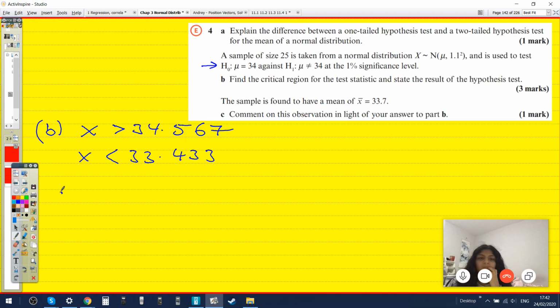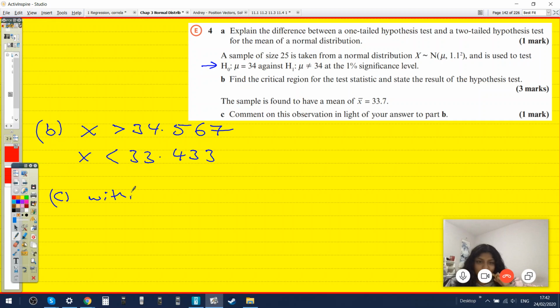I think it might be connected to part C, is that right? Yeah, because you can't do it if you don't know what the sample mean is. So part C: x is in the critical region, so you accept H1.